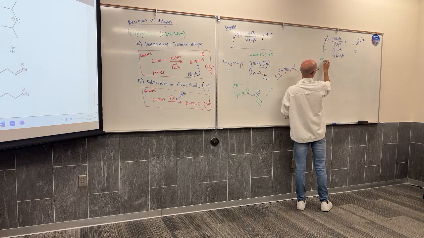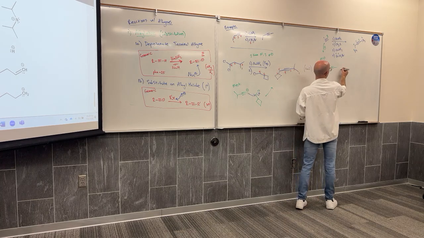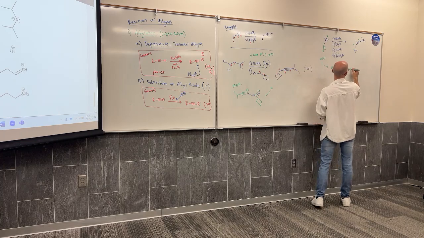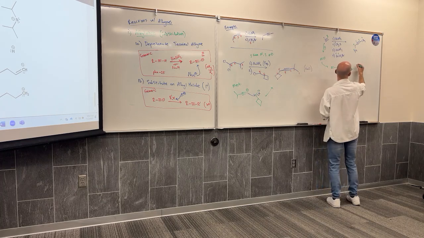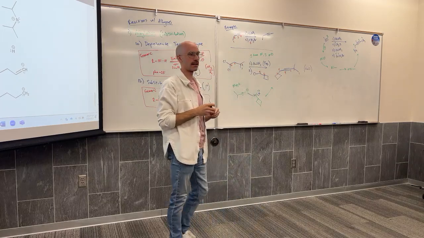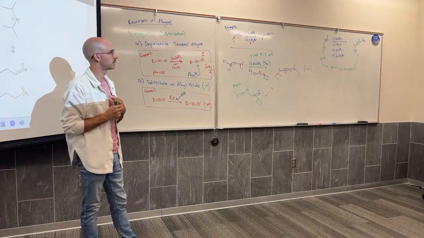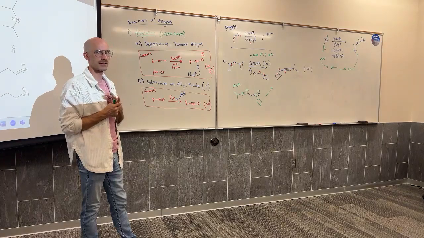First, I make an acetylide ion. Then I make an alkylated alkyne. Then I make a second acetylide ion. And then I make this dialkylated alkyne, this internal alkyne. You guys comfortable with this?